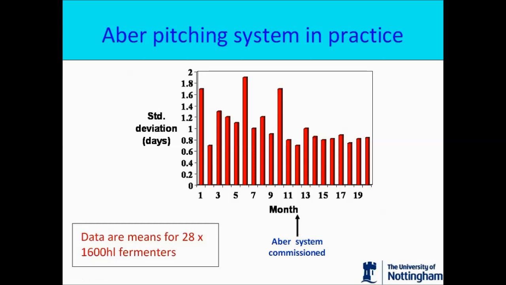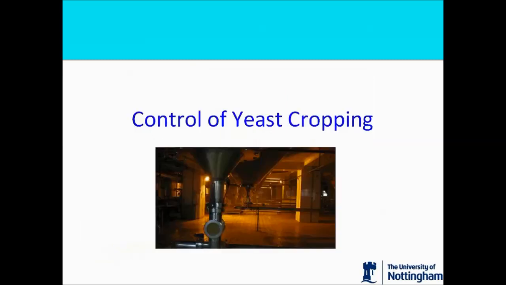So prior to that time, months 1 up to 11, the pitching rate control was based on offline sampling and spun solids. And you can see that as soon as the Aber system was actually put into practice, there was a step change in terms of fermentation consistency.